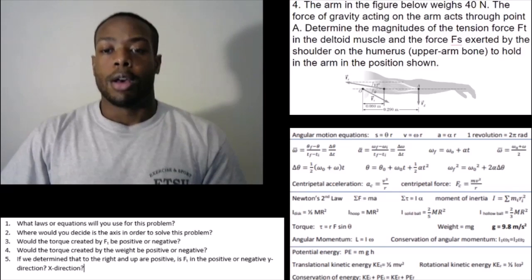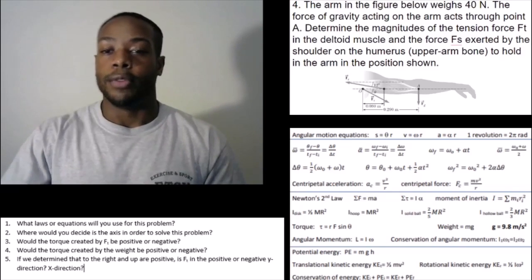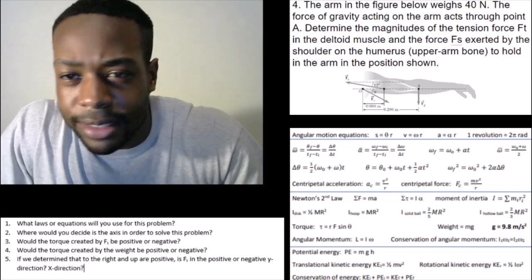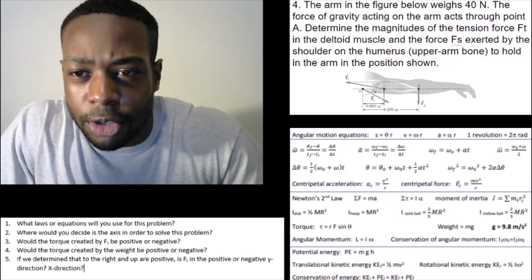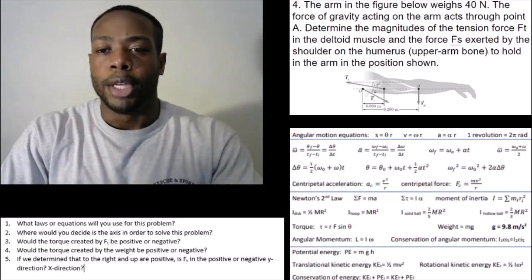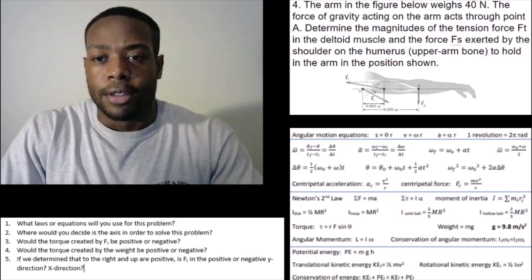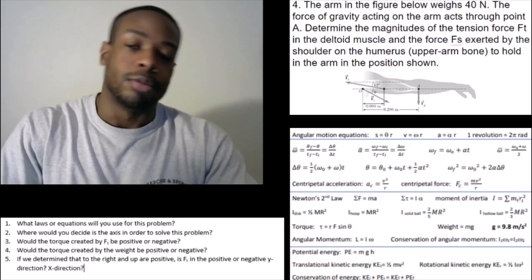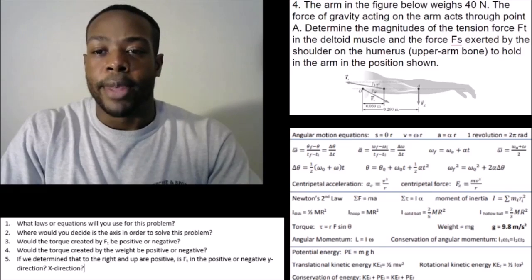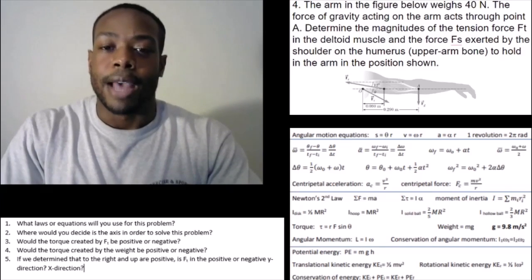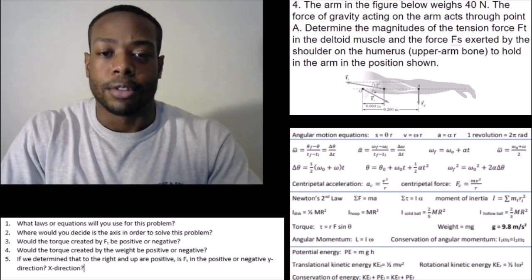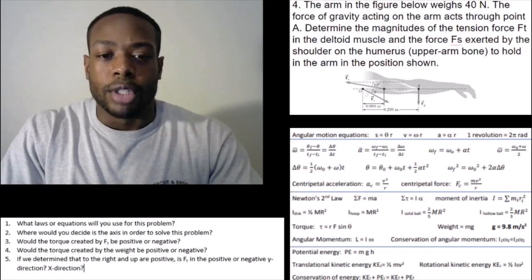So force T, we've got it going essentially up and to the medial area. So it looks like it's going to make it go, based on my picture, counterclockwise. So it's going to be a positive torque. And we see that the next question wants to know about the weight. Opposite, so it's going to be negative, right?